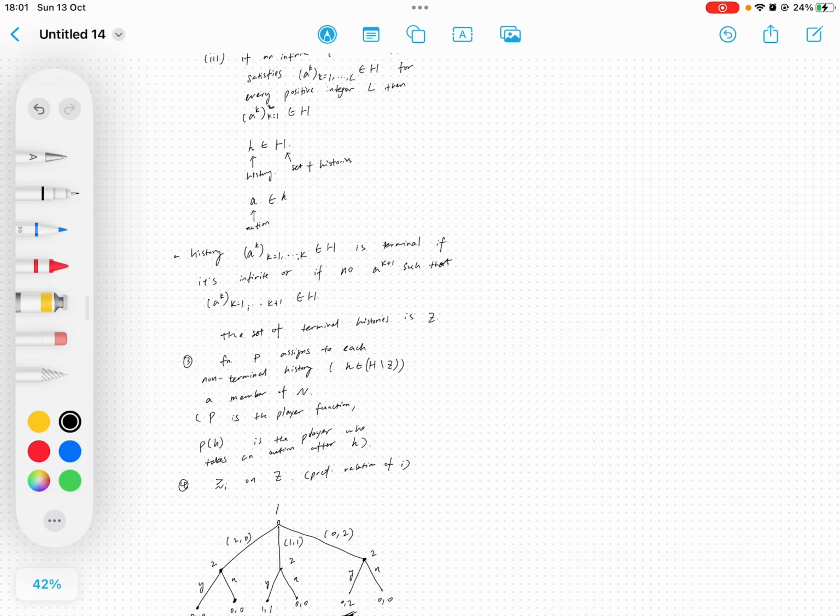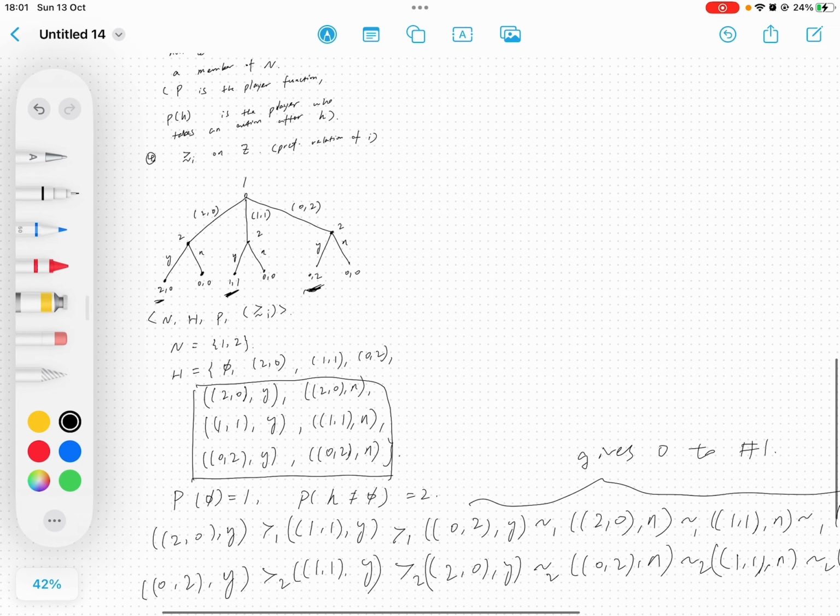But actually, because of the sequential structure of this kind of game, right? We could analyze those actions together, okay?